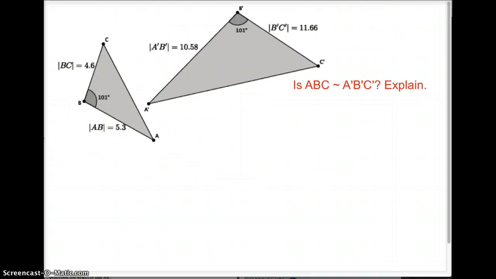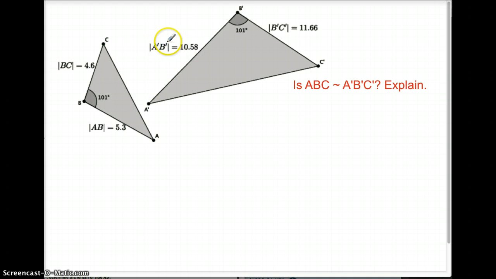All right, moving on. The last problem here asks you if the two triangles are similar and explain. So if you notice, they only give us one angle, so I can't say they're similar because they have two angles that are equal. So I'm going to have to figure out if it's got the same scale factor applied. So remember, we take where we ended, the primes, and divide by where we started, the regulars.